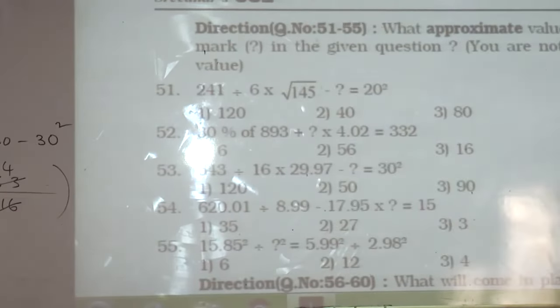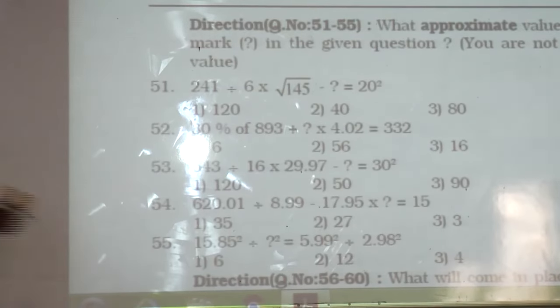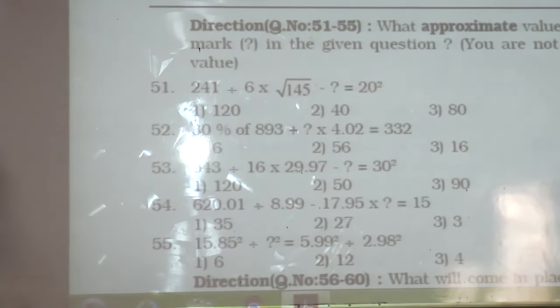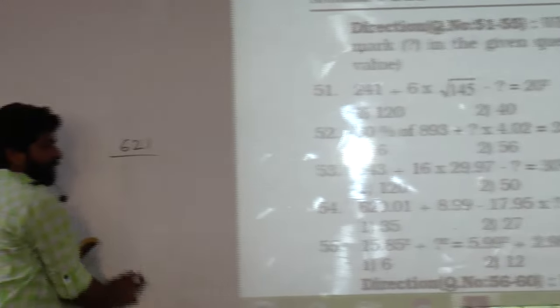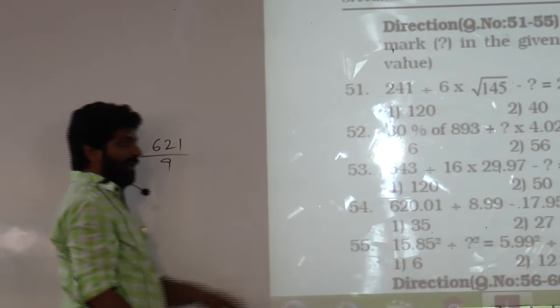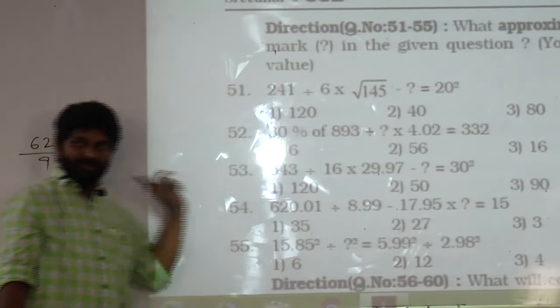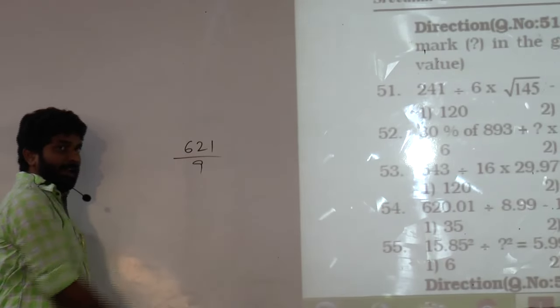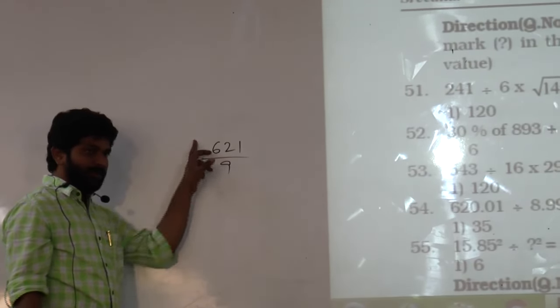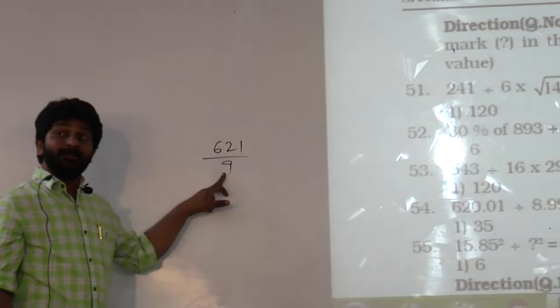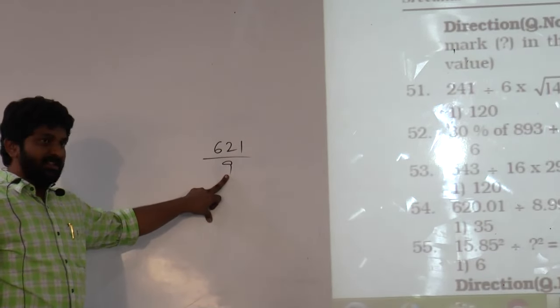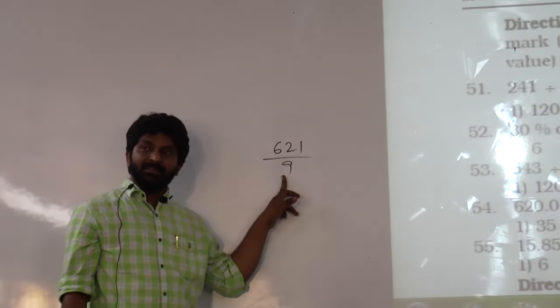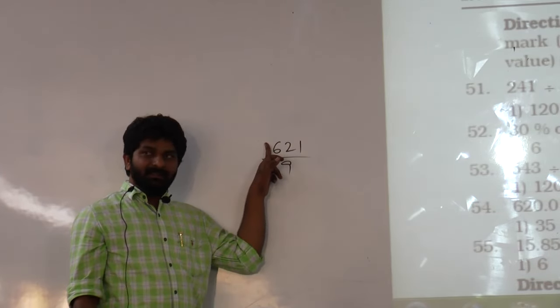Next, 54. You can treat this number 620 as 621, right? Divided by 9. Because I have denominator 9, I want to change 620 as 621, so that this becomes 9 multiple. 9 7 times 63. 9 70 times 630.